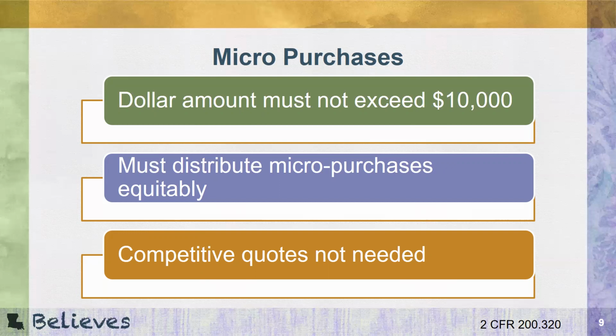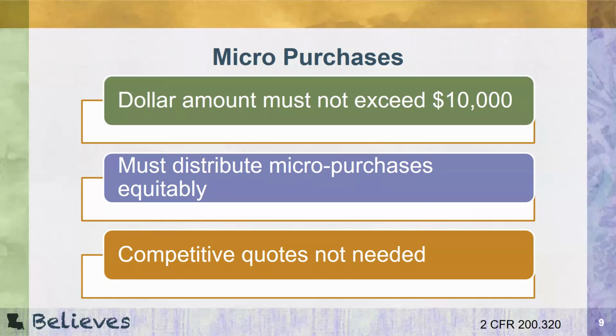And of course, to the extent practical, the SFA has to distribute micro purchases equitably amongst qualified suppliers. You can award a micro purchase without soliciting competitive quotations if the SFA considers the price to be reasonable.